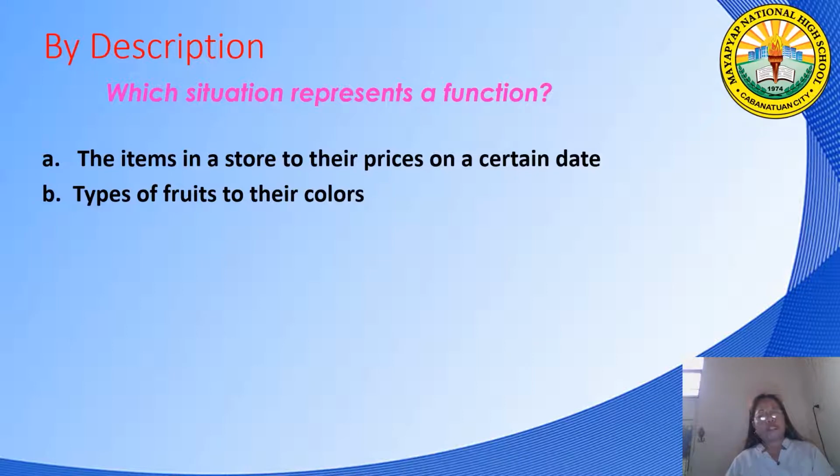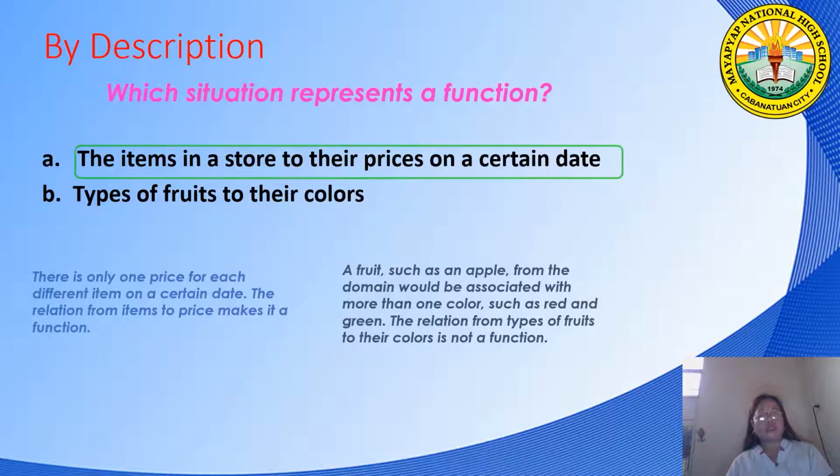Another way of expressing function is by description or by sentence. Which situation represents a function? A, the items in a store to their prices on a certain date. B, types of fruits to their colors. What do you think is the answer? Yes, the correct answer is letter A. There is only one price for the different items on a certain date.